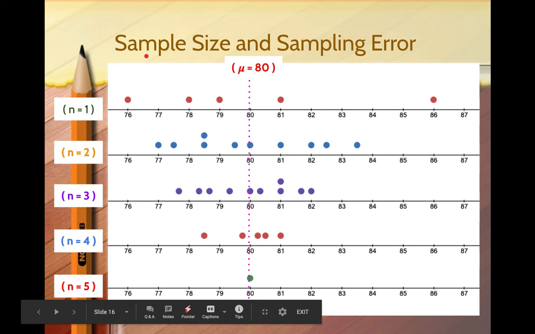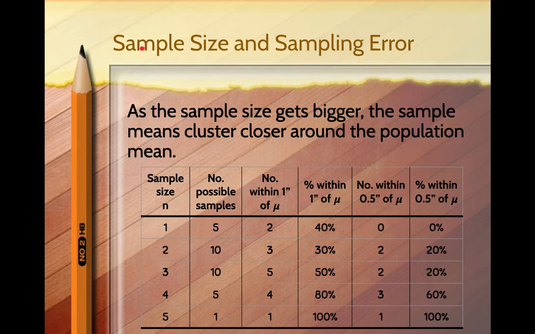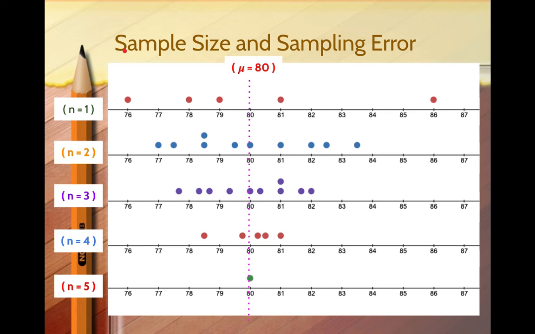And you notice, as my sample size gets bigger, my sample means cluster closer to the actual population mean. It kind of makes sense: the more people you pick out of the team, the better chance you will get a group that is pretty close to what you want.